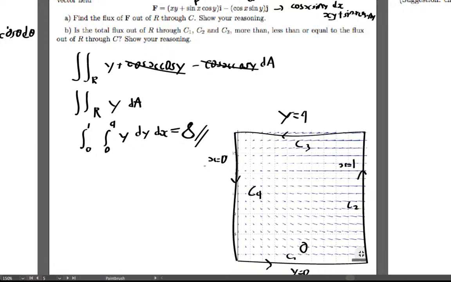So when you plug that in, dx is 0, but then x is 1. Therefore y plus sin 1 cosine y dy must be something, which is something that you need to evaluate.